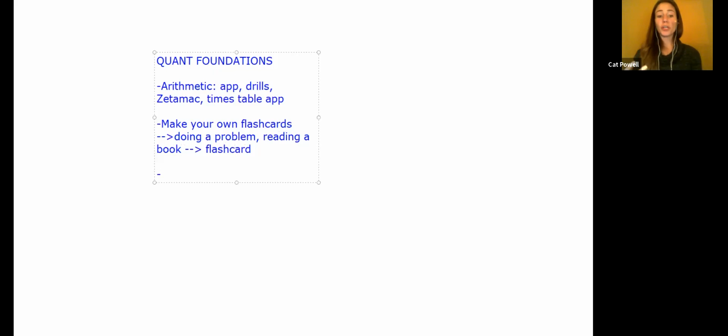In terms of learning concepts, there's lots of great books out there. I will say that the official guide itself has great problems, but their explanations of concepts are not my personal favorite. So lots of other great books. That one is maybe not as good for learning quant concepts. There's a lot of good free resources online. Khan Academy, if you like more video explanations instead of book explanations, can be a great place to turn for learning concepts.